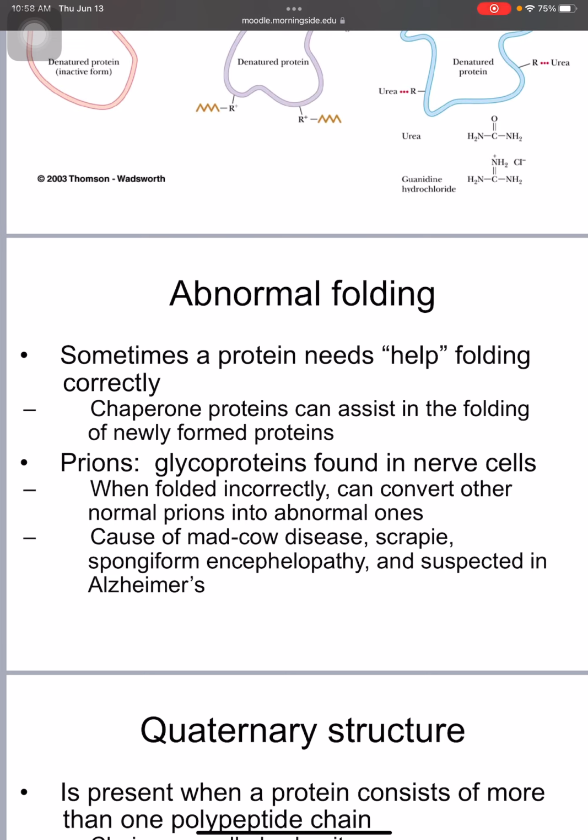And you can see this is sort of like a domino effect. This just keeps on building and building. The more accumulation of improperly folded prions that you have, the more ones you're going to make, right? It's not something that just gradually goes away.